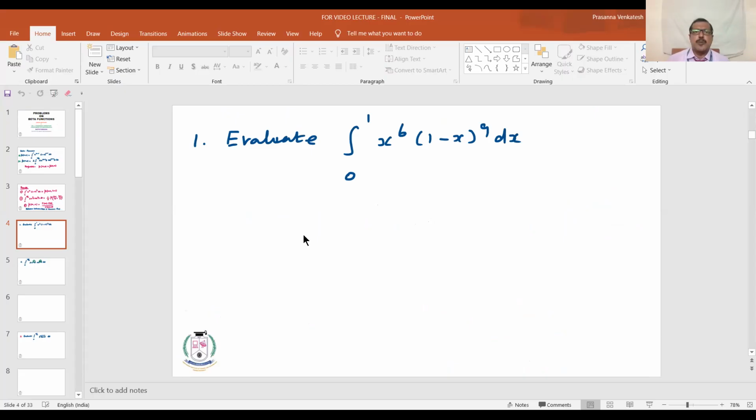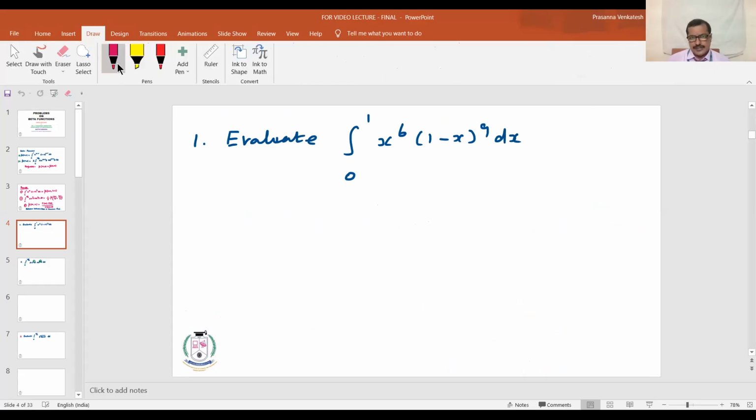If we consider this problem, integral 0 to 1 x power 6 (1 minus x) whole power 9 dx, we can directly compare this with integral 0 to 1 x power a (1 minus x) whole power b dx is equal to beta of a plus 1 comma b plus 1.